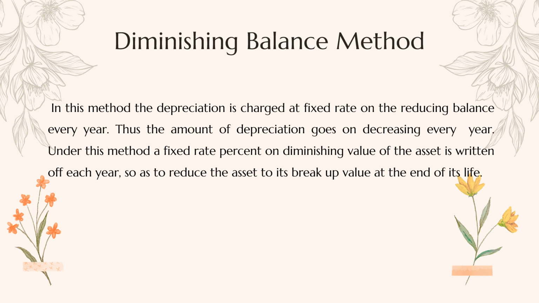The depreciation is 1,000. Next year, the opening balance will be 9,000 for that asset, and so that 10% is to be calculated on this 9,000, and so our depreciation value will be 900. So likewise, each year on the diminishing balance, this depreciation is to be calculated.